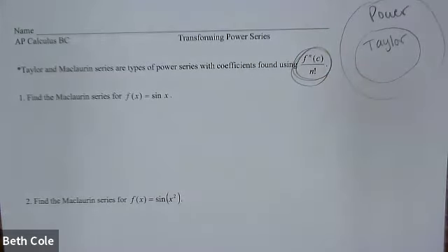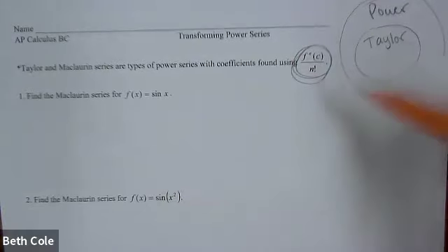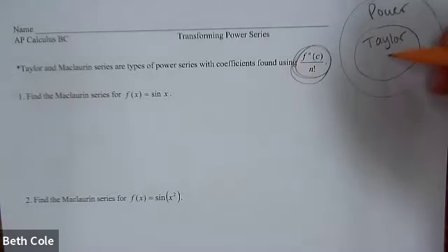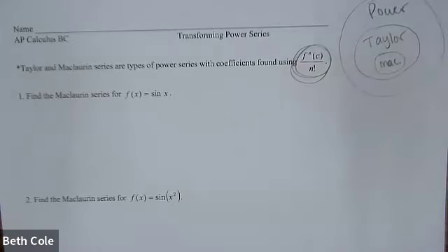So again, power series is a general term for an infinite series. Taylor series specifically has this pattern that we went over, and within Taylor series is Maclaurin, which means it's centered at 0. Okay, so don't get caught up with the words though. But that is what they mean, just to throw that out there, right?